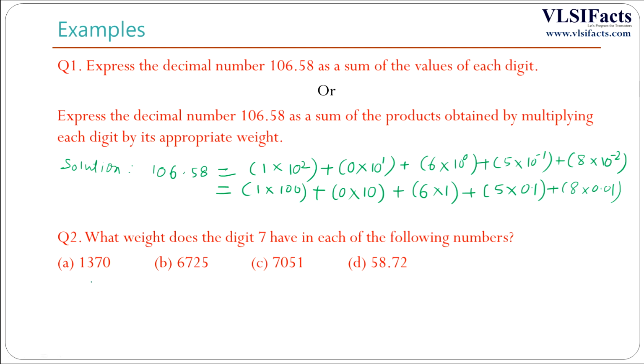In 1370, the weight of 7 is 10. In 6725, the weight of 7 is 100. In 7051, weight of 7 is 1000. And in case of 58.72, the weight of 7 is 0.1.